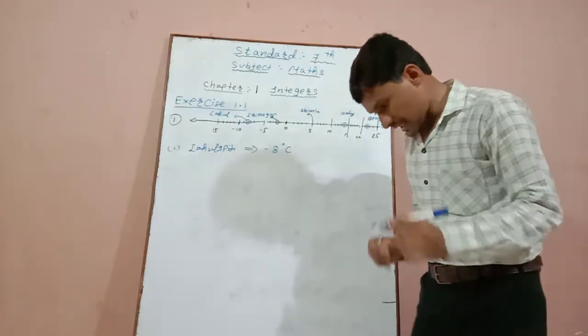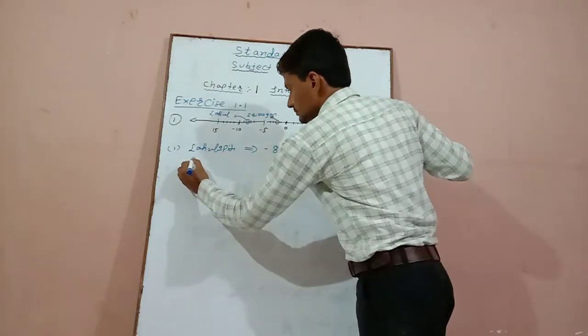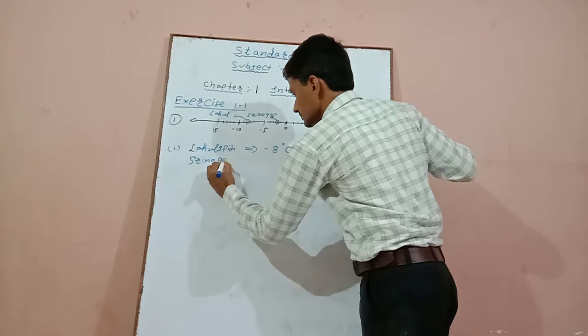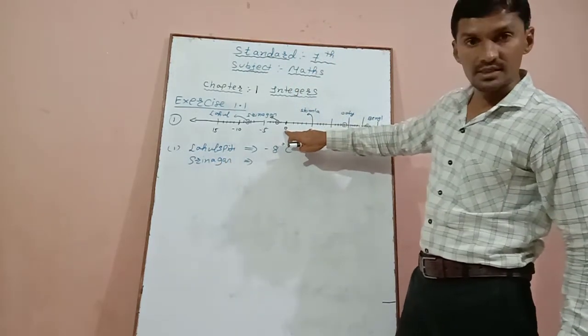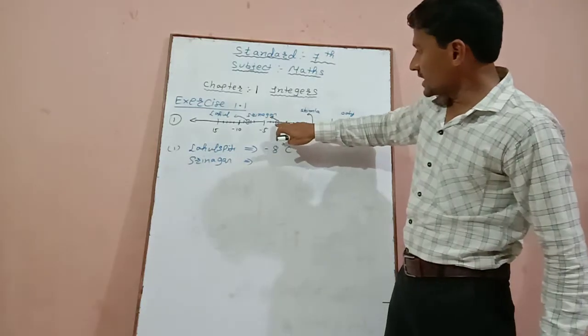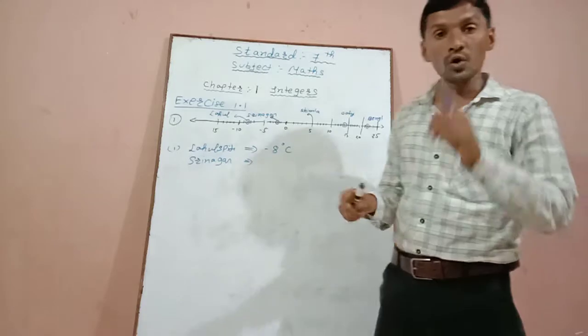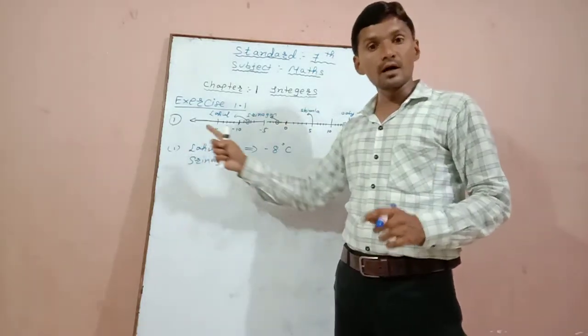Now the second one is Srinagar. Srinagar is here: 0, 1, 2, so Srinagar's temperature looks like 2, but not 2. Why? Because the left-hand side of 0 is minus.